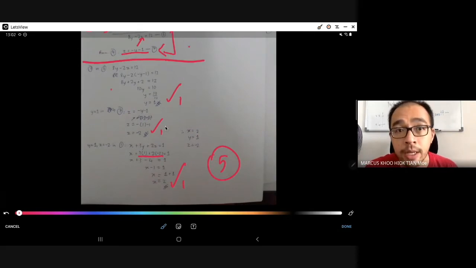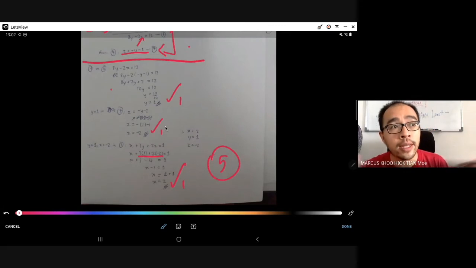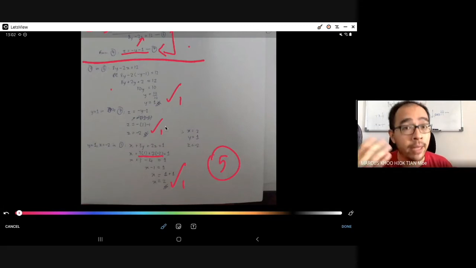Totally fine. There is no single way to answer this. There are many ways. You can use elimination, you can use substitution. But this is a good question to constantly practice and make sure that your negative and positive signs are not wrong. Just be careful about that. Okay, and you should be able to get 5 marks.